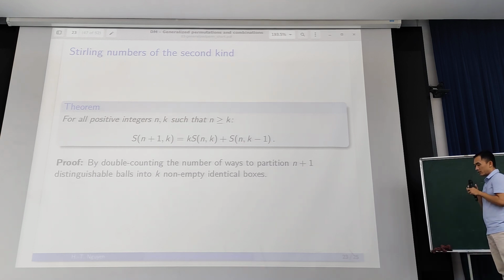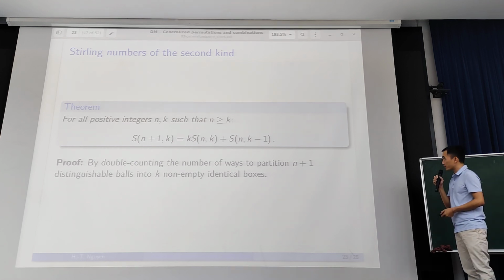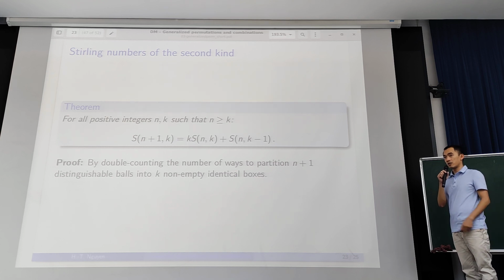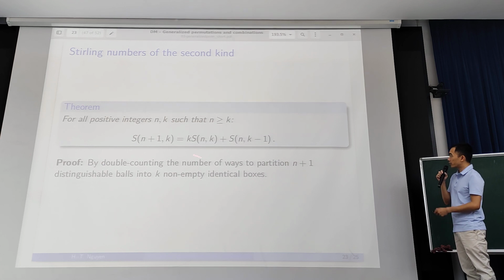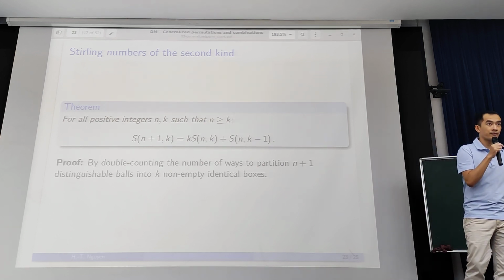So there are some important conditions. First, the boxes must be non-empty, so that we need to put balls into the boxes. And secondly, the balls are different. So here on the left-hand side we have k non-empty boxes, and on the right-hand side we have, in the first term, k non-empty boxes, but in the second term we have only k minus 1 non-empty boxes. So what makes the difference?